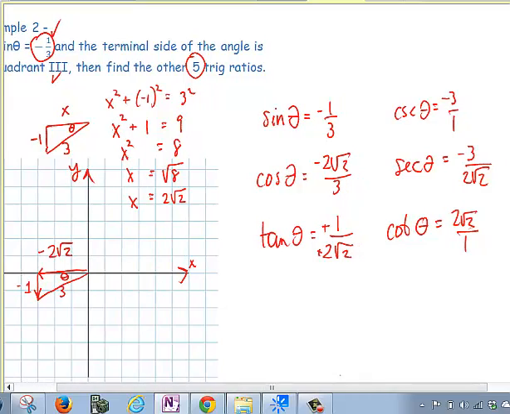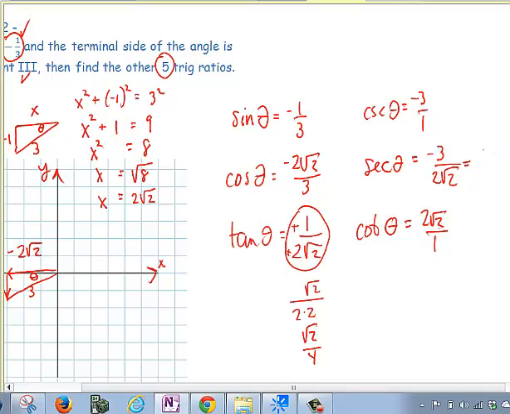So in rationalizing this one, this will be 1 over 2 times 2, and the root 2 will be in the top. So we'll end up having root 2 over 4 for that one. And rationalizing this one, we have -3 root 2 over 4.